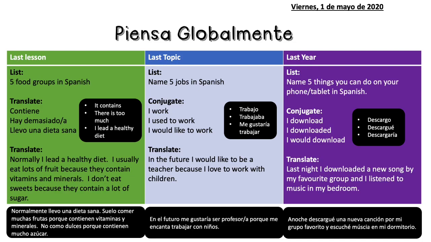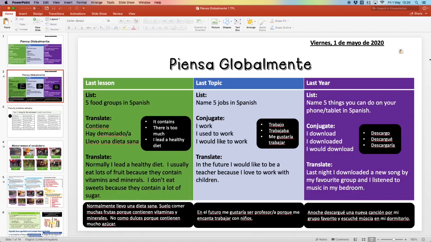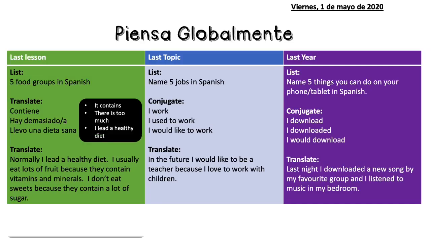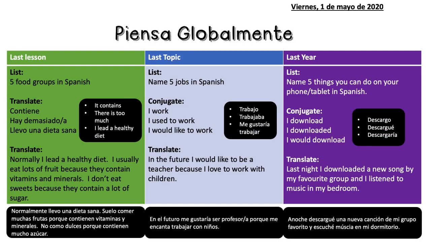Descargué una nueva canción por mi grupo favorito. Let's make a change there. It's better if we put here de mi grupo favorito. Y escuché música en mi dormitorio. Dormitorio o habitación. Yeah? Habitación is fine as well.